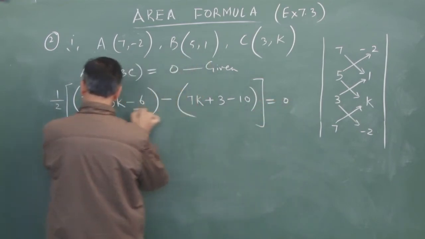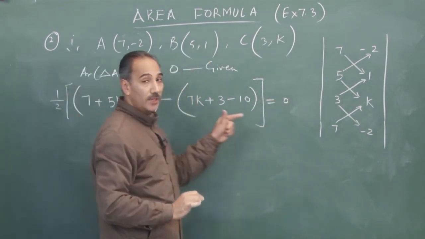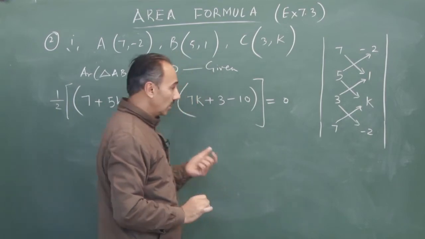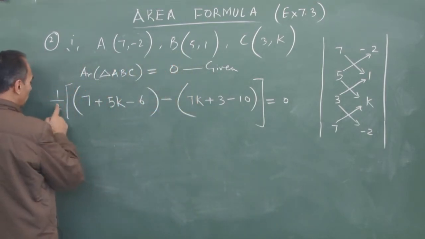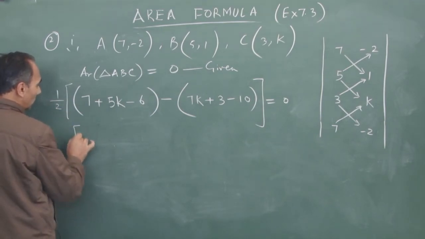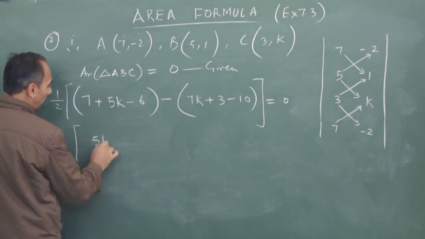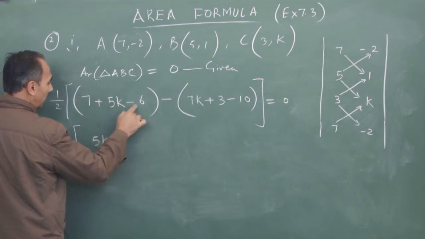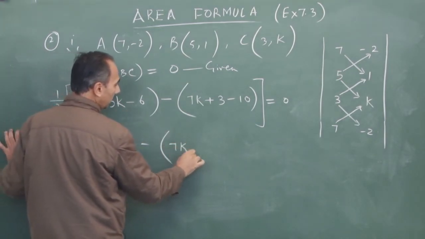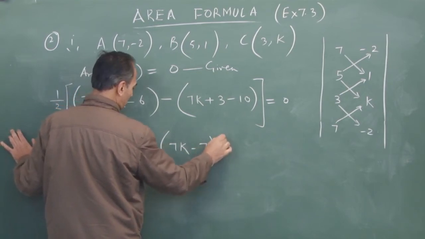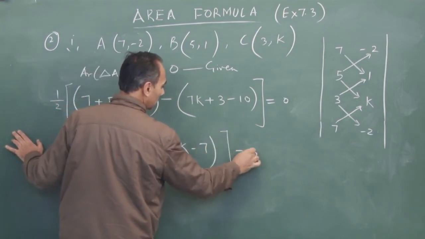So we have an equation in terms of k. It's a linear equation. So solving this, we get the value of k. Let me multiply both sides by 2 so that this gets cancelled. So I'm left with 5k plus 1, because 7 minus 6 is 1, minus this is 7k minus 7 equal to 0.